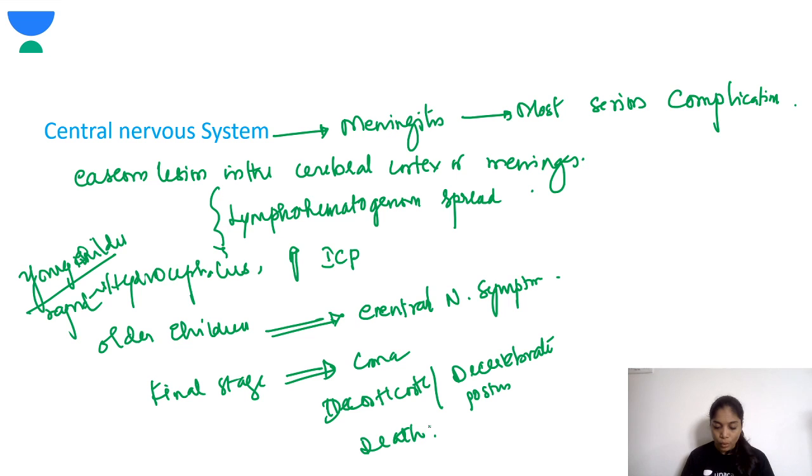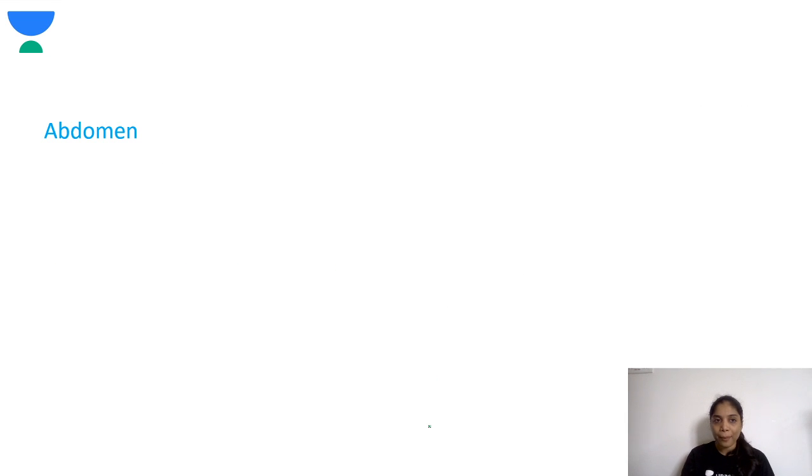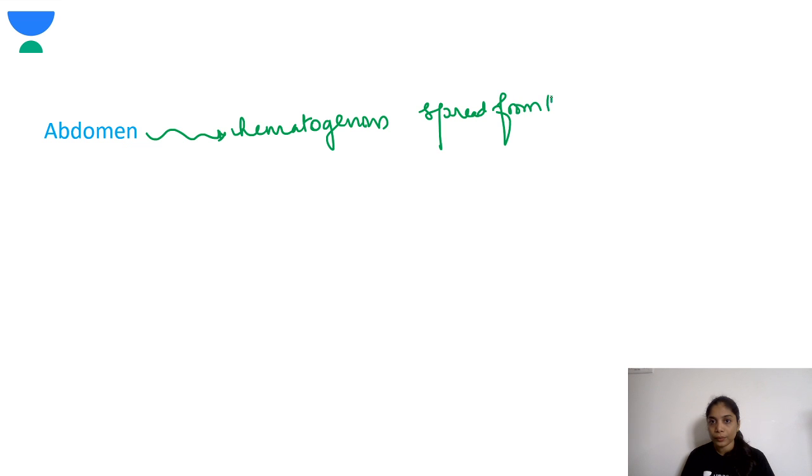Okay, so tuberculosis of the abdomen. This occurs because of hematogenous spread from the lungs.